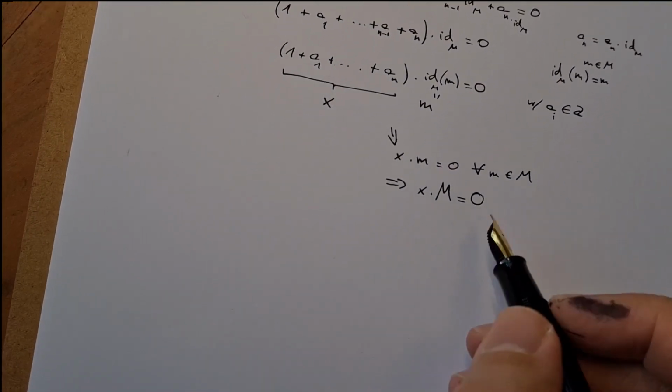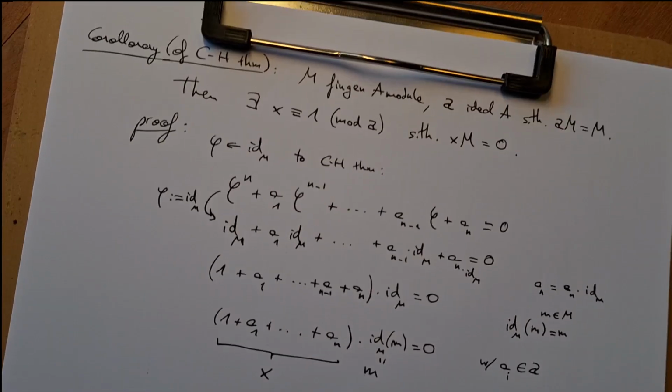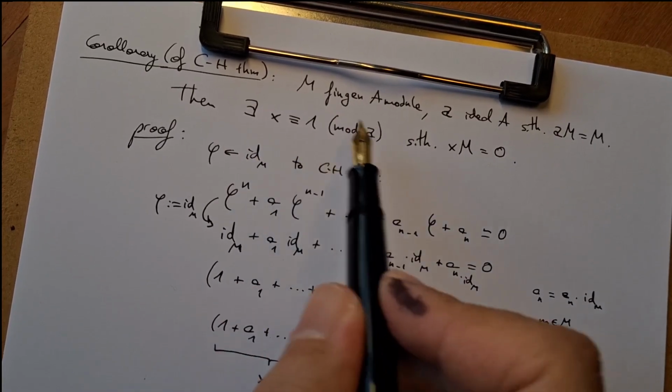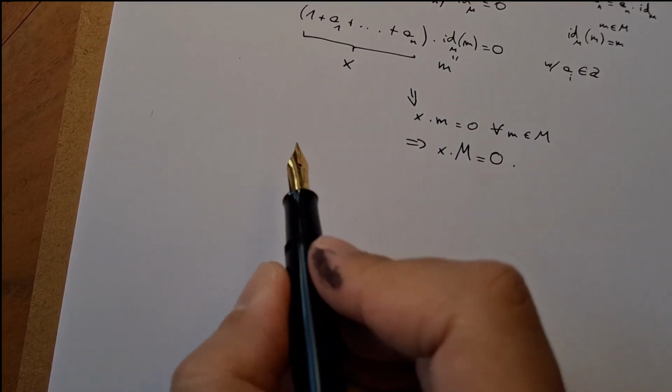So this is one part, and then the other observation is that we are given that there exists this x. Let's see how this exists.